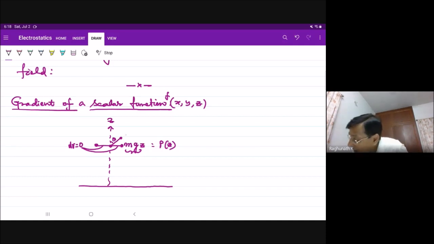Some small dV I will get. But if I move exactly in the opposite direction, it is maximum dV, correct? For the same dl in different directions, the change in potential is different.